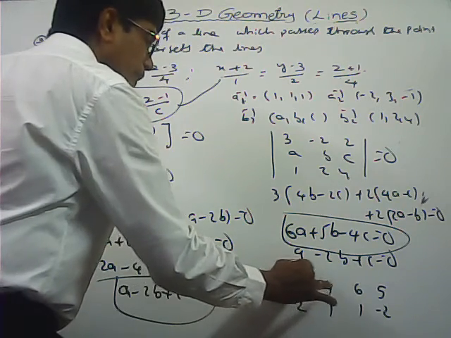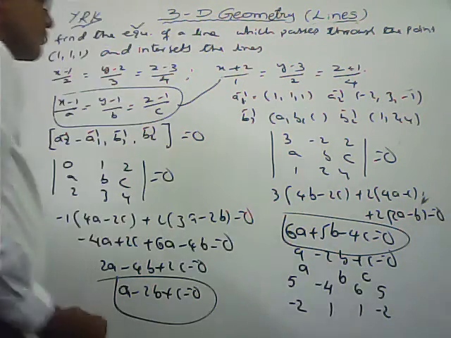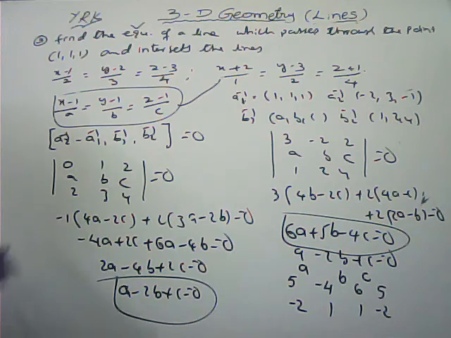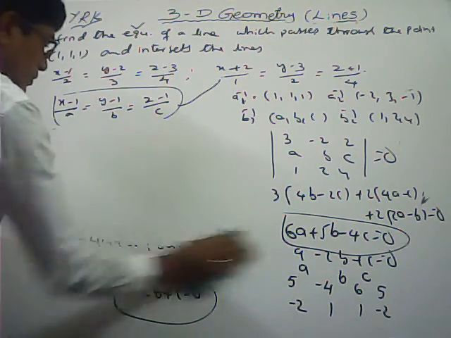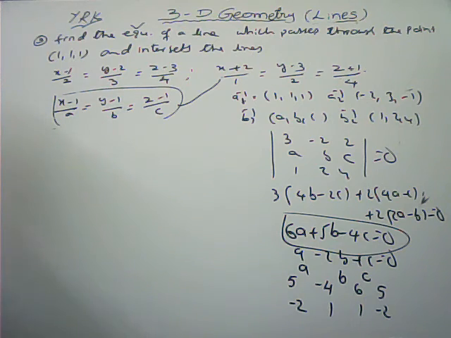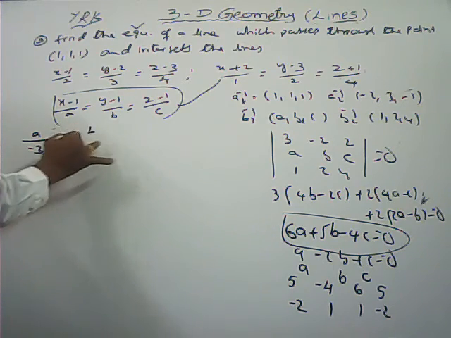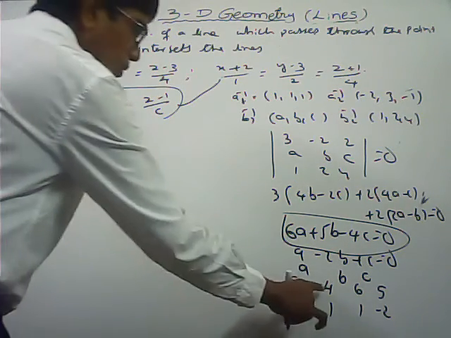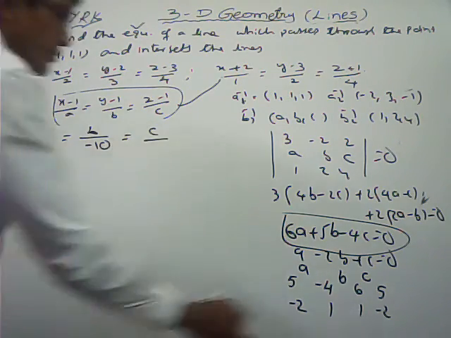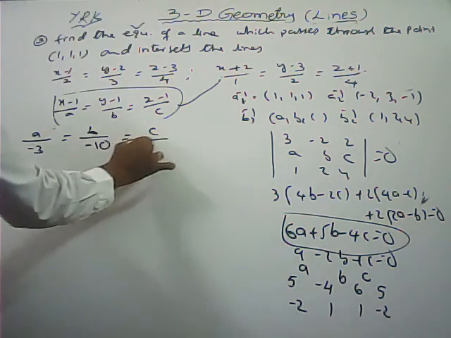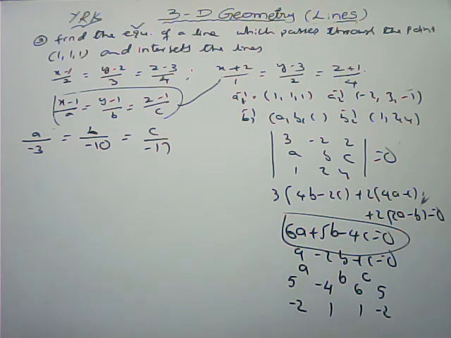So here we get a, here b, here c. A by 5 minus 8, that is minus 3, b by minus 4 minus 6, that is minus 10. C by minus 12 minus 5, that is minus 17.